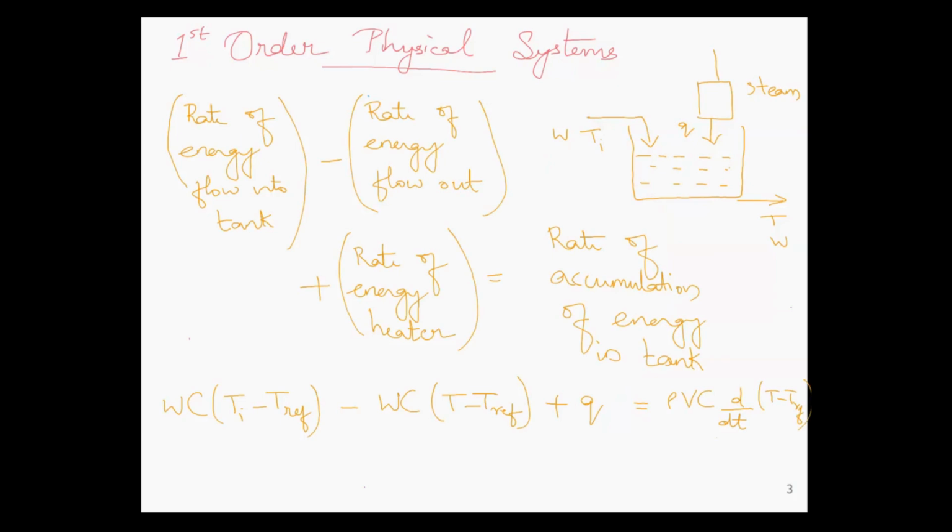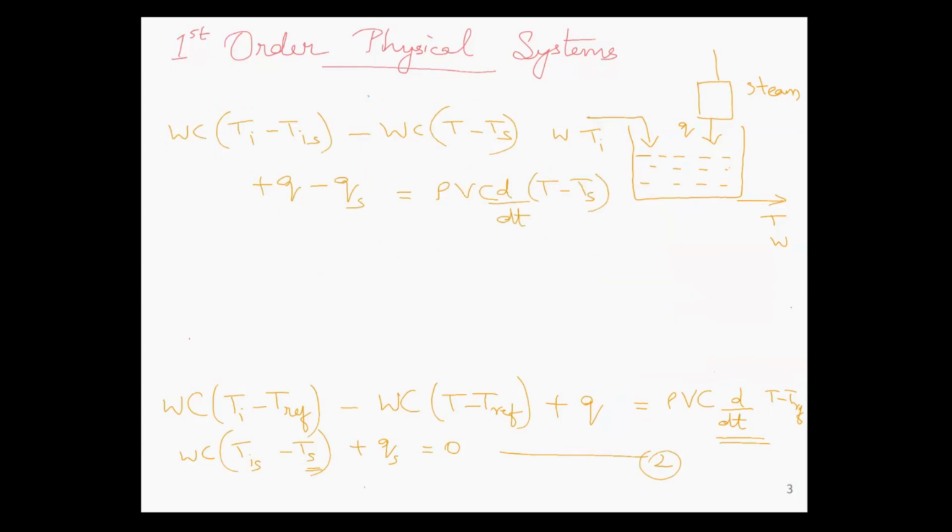At steady state, we will have all the derivative terms as 0 and we get Wc (Tis minus Ts) plus Qs equal to 0, where S is steady state value. Subtracting this second equation from the first equation, we get Wc (Ti minus Tis) minus Wc (T minus Ts) plus (Q minus Qs) equal to rho Vc d/dt (T minus Ts).